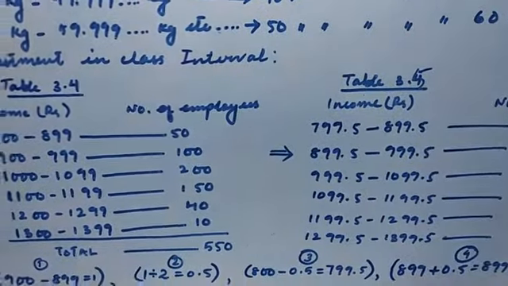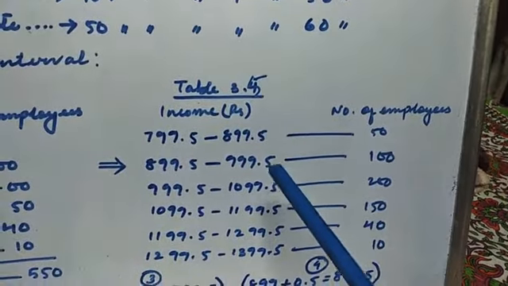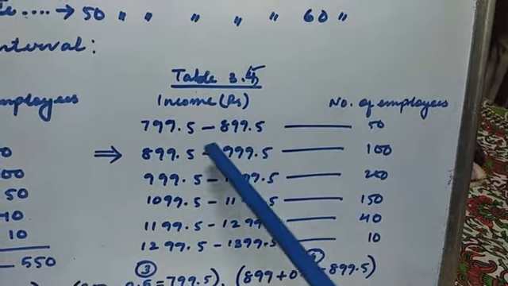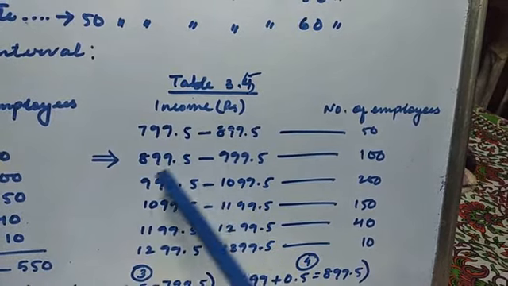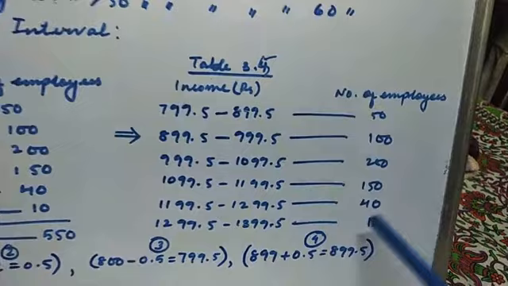After the adjustment of table 3.4, what we have is the adjusted table for the class interval, and it will look like this. This is the number of employees, or the frequency.